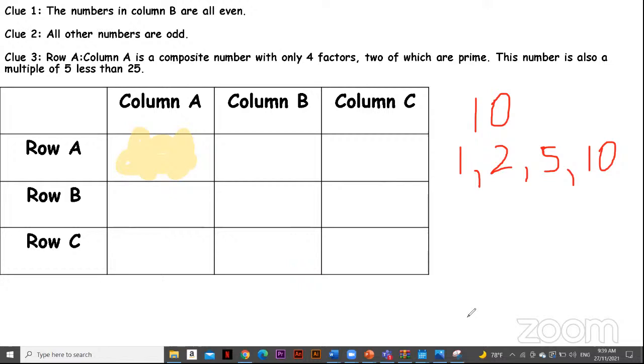Of these 4 factors, which of these factors are prime numbers? We have 1, 2, 5, and 10. It says 2 of which are prime. Which 2 factors of 10 are prime?